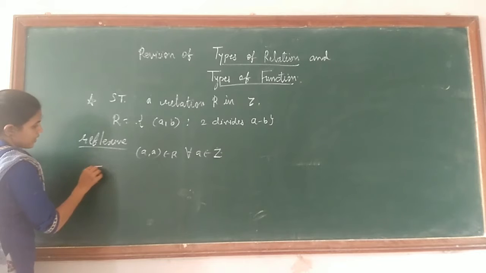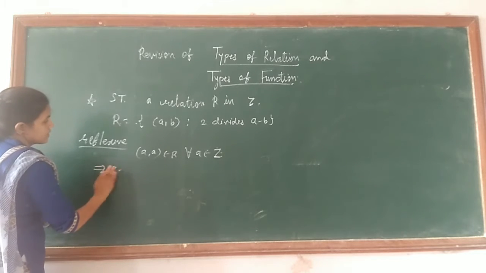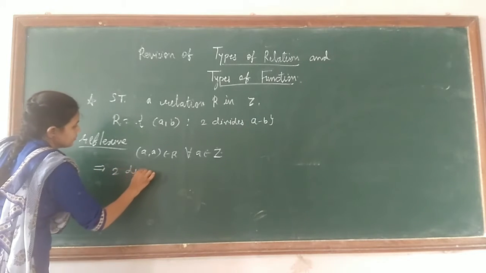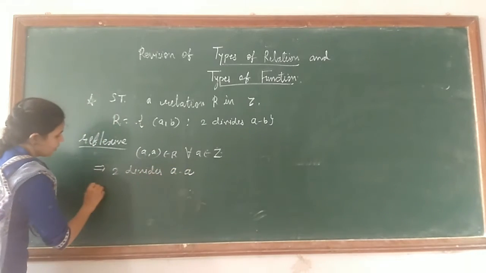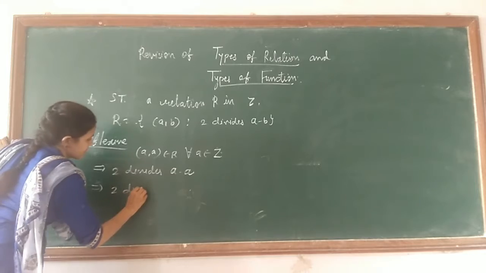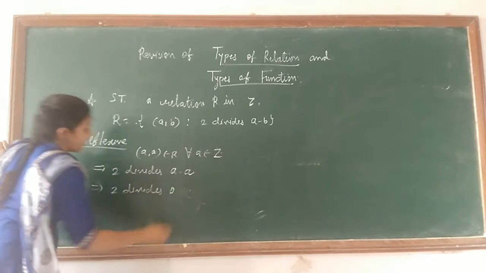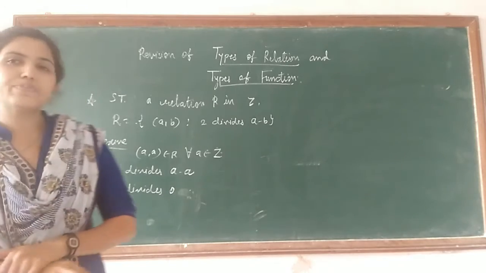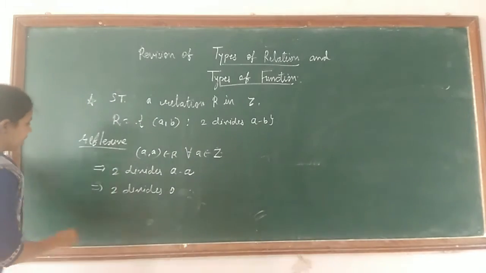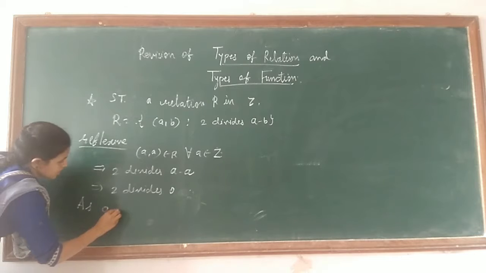If (a, a) belongs to R, that means 2 divides a minus a, that means 2 divides 0, and we know that 0 is divisible by every number.